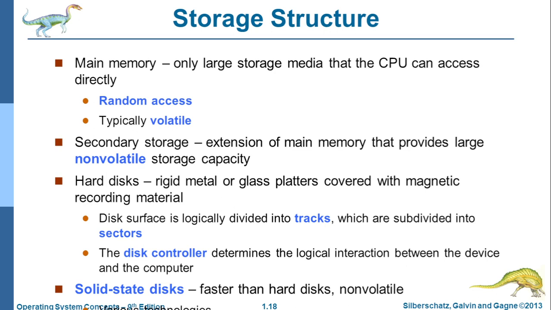Secondary storage means hard disk or HDD, SSD, solid state disk. These are secondary storage, right? Whenever we want to execute a process, we will load it into main memory. To execute a process, the process should be loaded into the main memory, right?